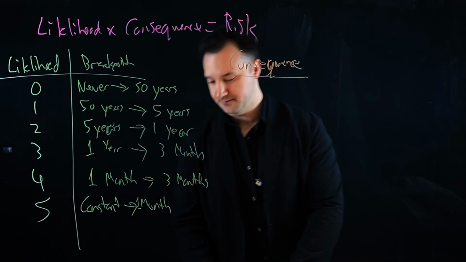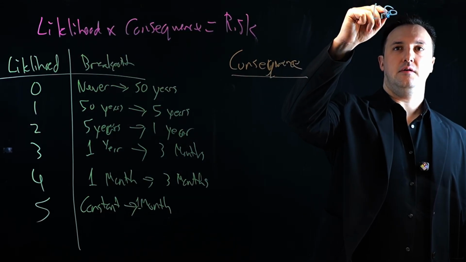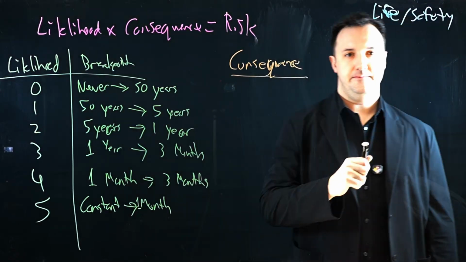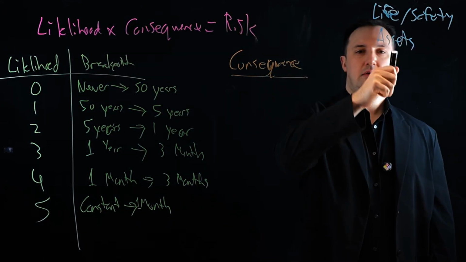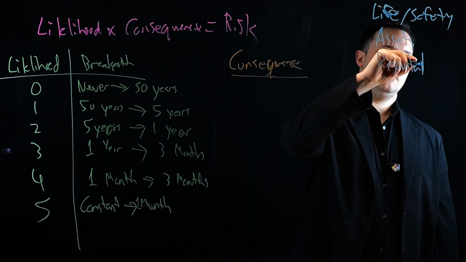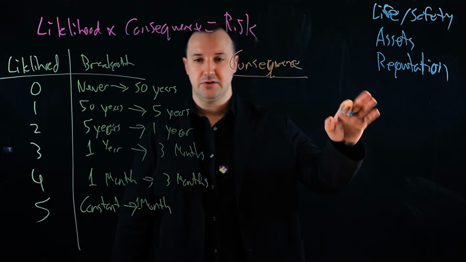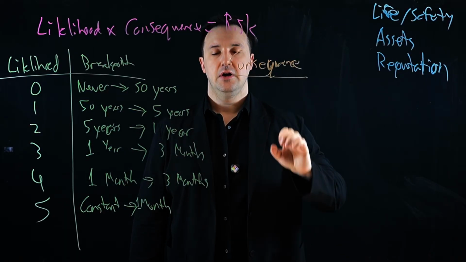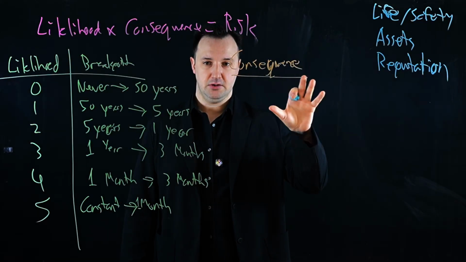These are life/safety, assets, and reputation. Generally speaking, your consequences are going to fall into these 3 sorts of categories. There could be others, but these are the main ones you're probably going to be dealing with.